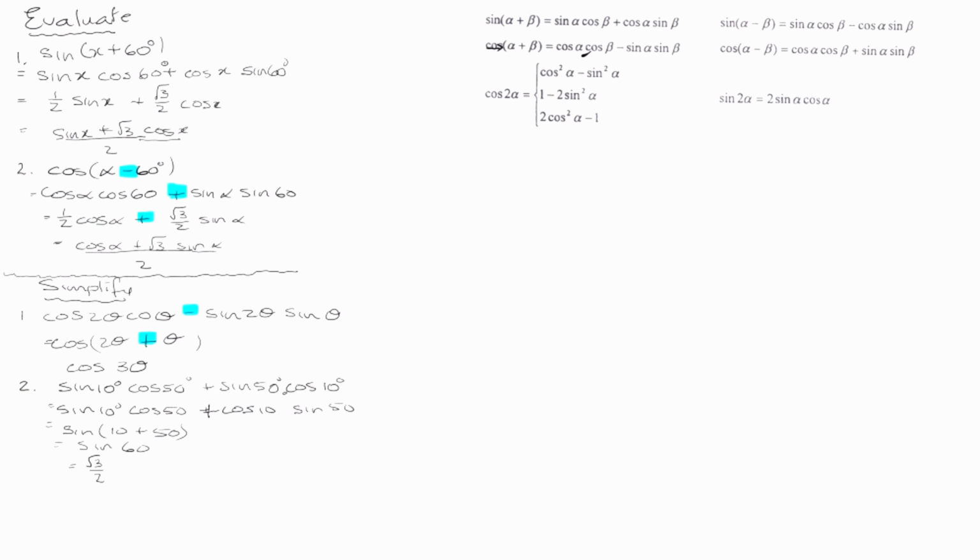Right, the third question is sine of 15 cos of 60 minus cos of 15 sine of 60. Right, this one is going sine, cos, cos, sine, 15, 60, 15, 60. So it is in the correct order, but this one has a bit of a problem.